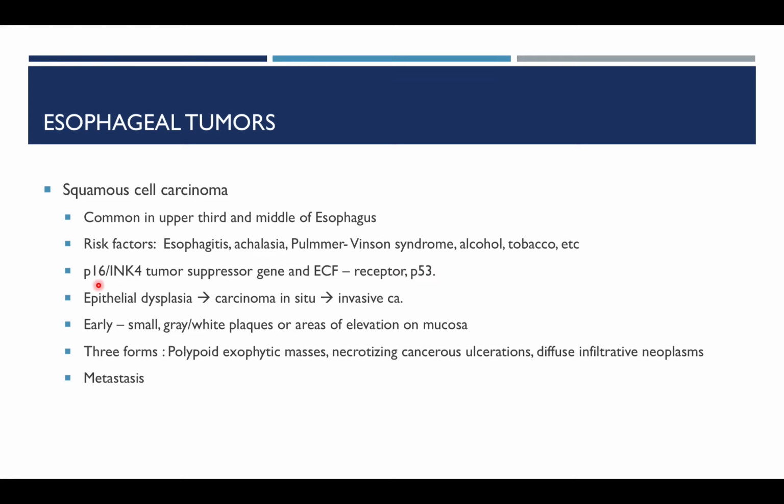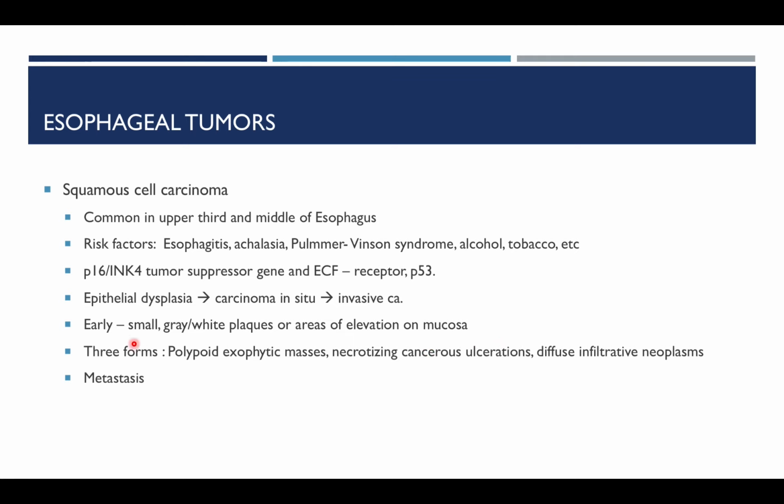So what happens is that you have epithelial dysplasia, which eventually leads to carcinoma in situ, which eventually leads to an invasive carcinoma. In early days, this tumor is small, gray or white plaque, or it can be elevations in mucosa. So we can go over that again. It can be small, gray or white plaques, or it can be some areas of elevation on the mucosa.